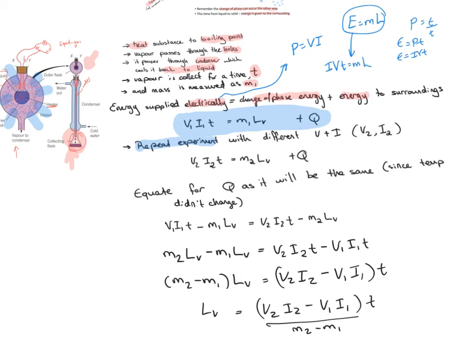Okay, so moving on. This is my first expression, like I said. And then I repeat the experiment for a different value of V and a different value of I, current. I do another expression again, because obviously when you repeat the experiment, you still have some energy being wasted to the surroundings.